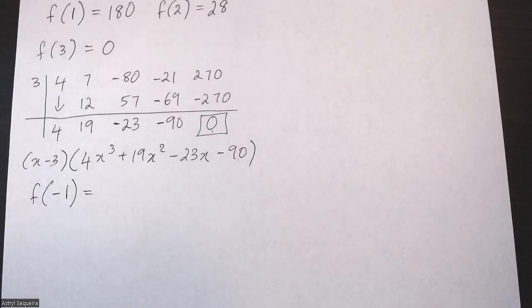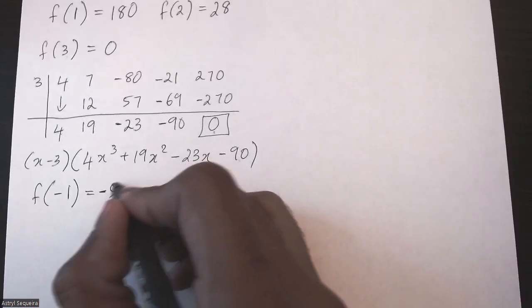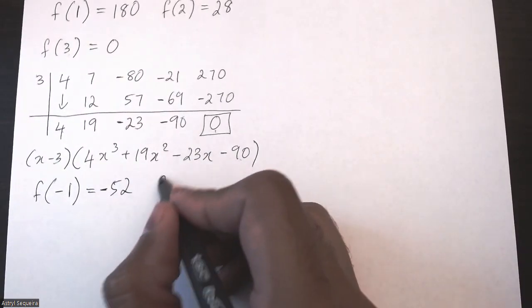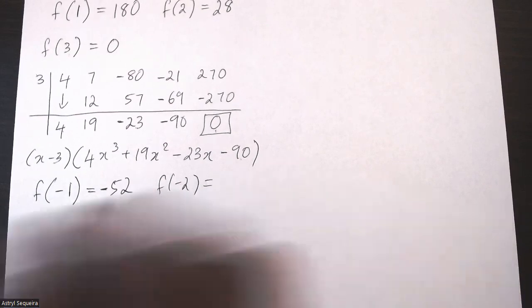So if I put negative 1 in this equation, I get negative 52. So that's not a good factor. Let's try negative 2 next.